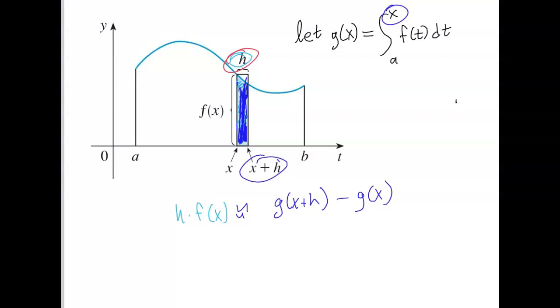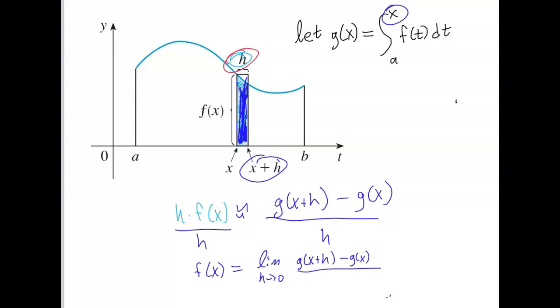And what I'm going to do is divide h to the other side and do just that. If I let h go to 0, then they should be exactly equal, and I no longer need to use an approximate symbol.